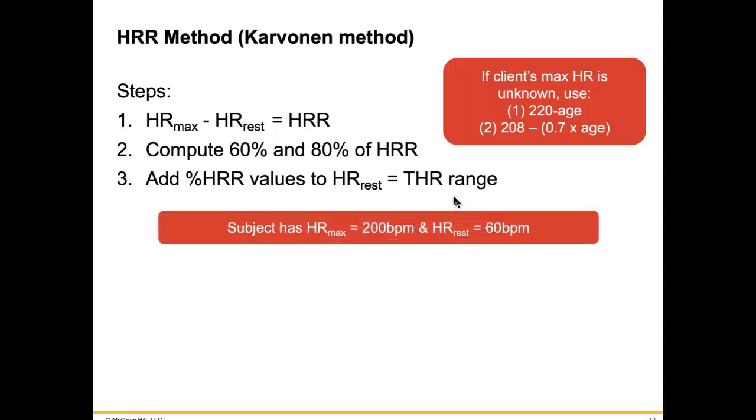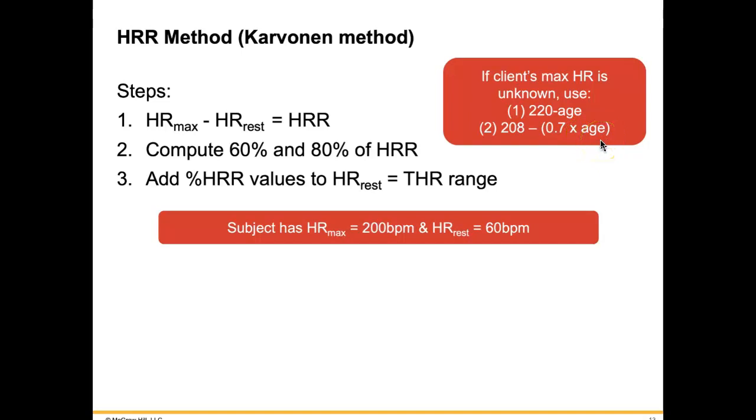So let's say we have this subject. Their max heart rate is 200 beats per minute and their resting heart rate is 60 beats per minute. Now, if we do not have that person's max heart rate, there are ways to estimate this using these formulas here, such as 220 minus the person's age, or 208 minus 0.7 multiplied by the person's age.